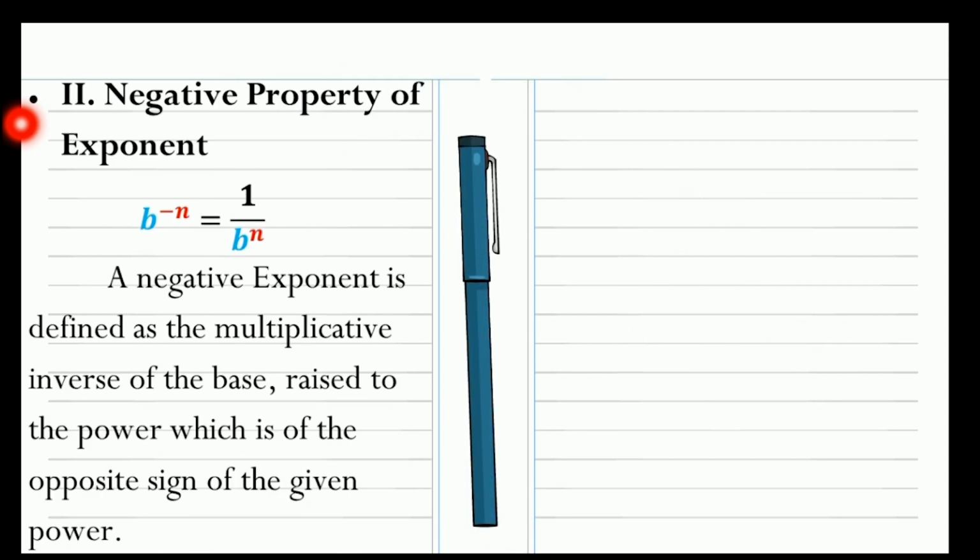Next, the negative property of exponent. b raised to negative n is equal to 1 over b raised to n. A negative exponent is defined as the multiplicative inverse of the base raised to the power of the opposite sign of the given power.